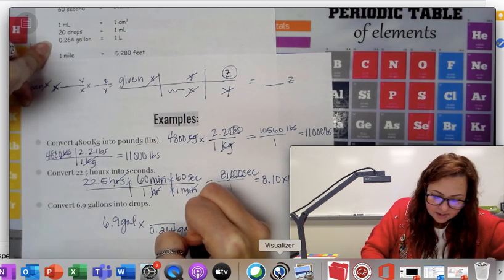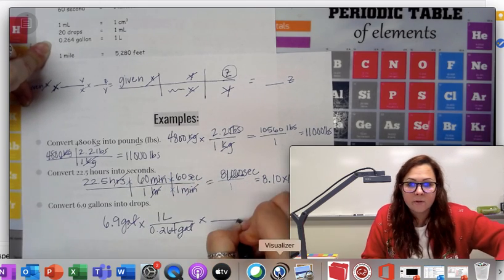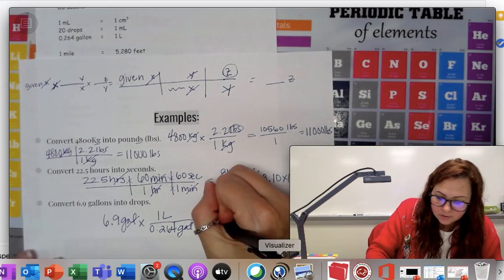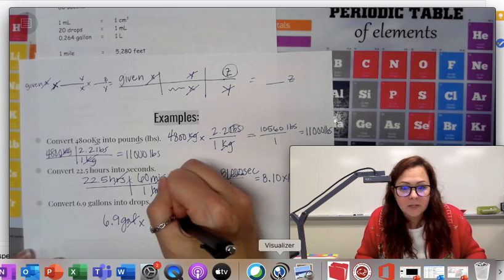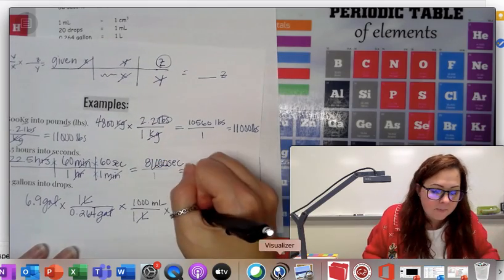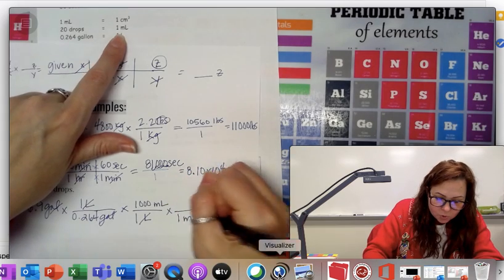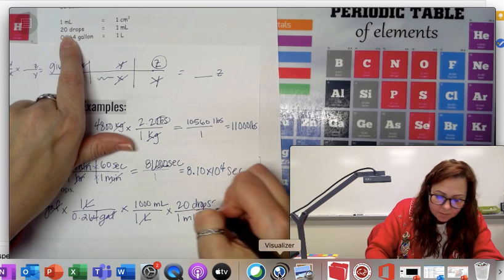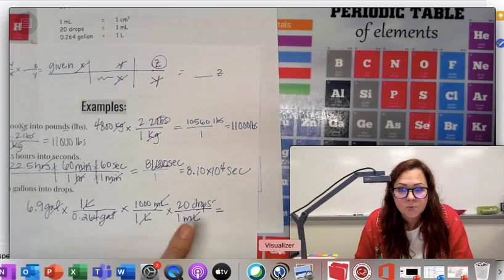So gallon on top and bottom cancel, that's equal to 1 liter. Now I need to get rid of liters and go to milliliters. So 1 liter is equal to 1,000 milliliters. Liter on top and bottom cancels. Now in the last step, my conversion factor says 1 milliliter is equal to 20 drops. Milliliter on top and bottom cancels. So that leaves me with drops, which is what it's asking me for.